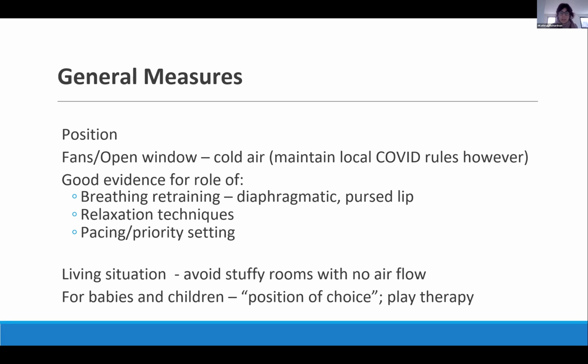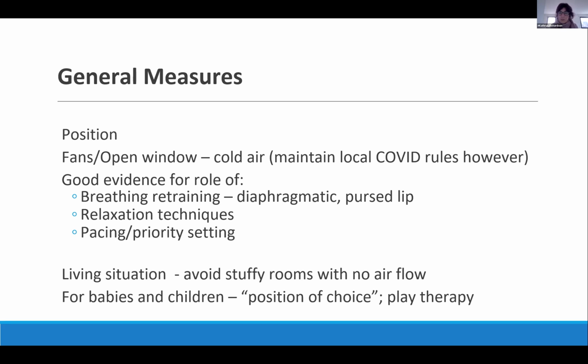And we can help people with some breathing exercises. We can use what we call pursed lip breathing, where we try to lengthen the expiration. Lengthening the expiration helps trigger the parasympathetic nervous system, and it can help a person feel more relaxed. If we use diaphragmatic breathing, we can give techniques to help with more effective breathing.